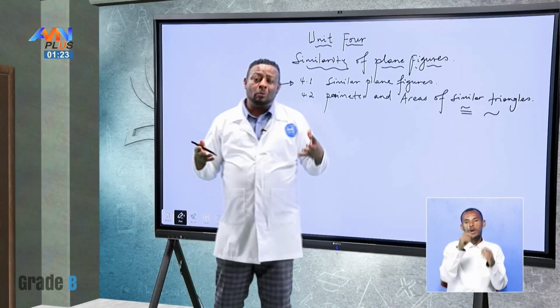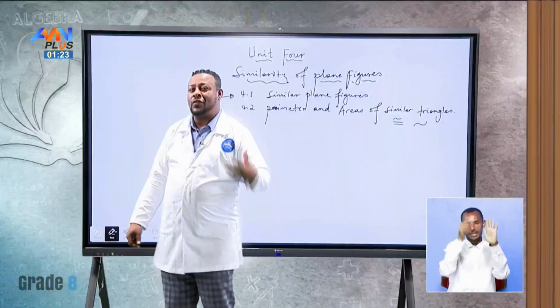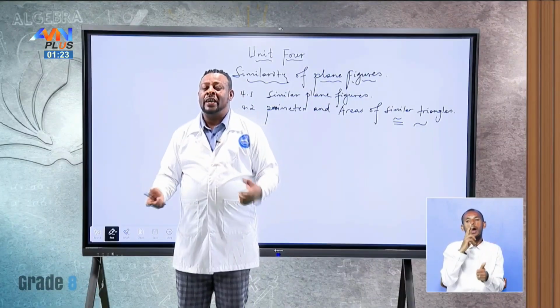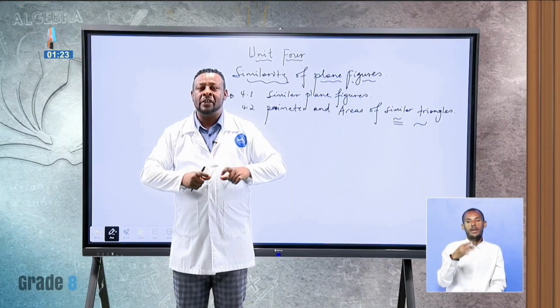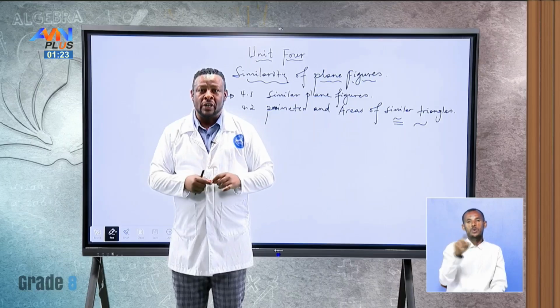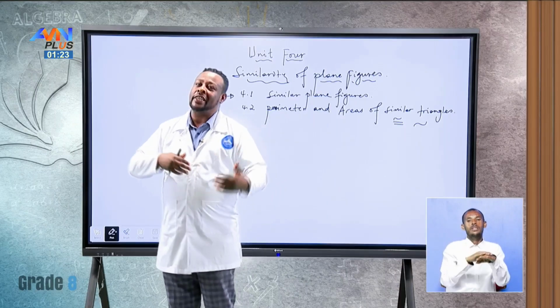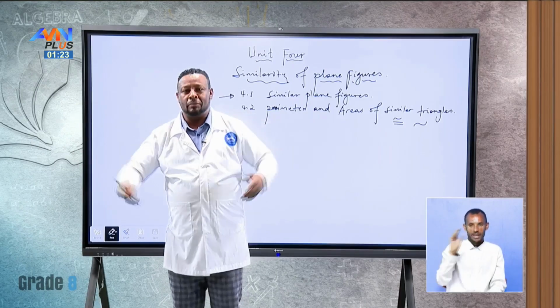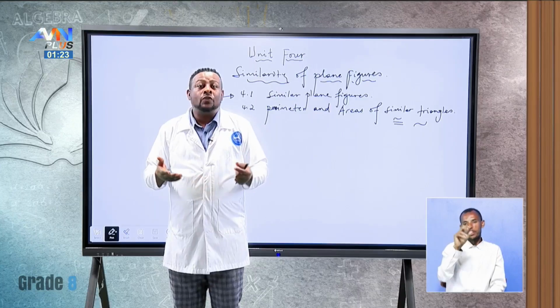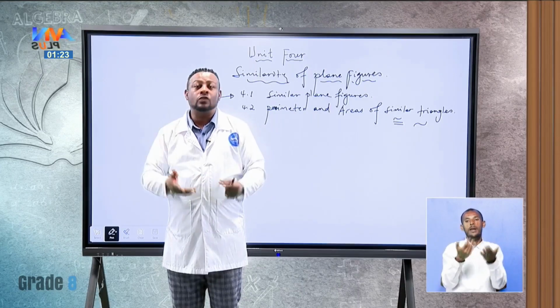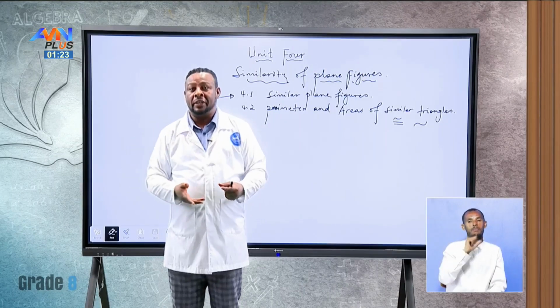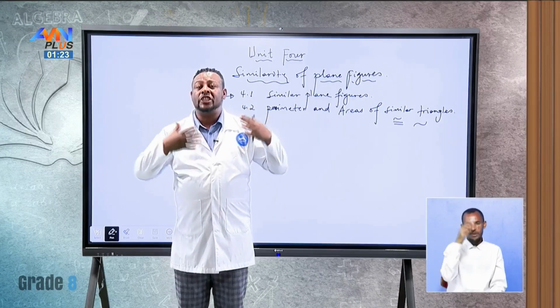You can also bring some examples of figures which are not similar. Like if you consider your own picture at the age of 5 and at the age of 20-something, those photos may not be similar, right? Because there is a change in shape.